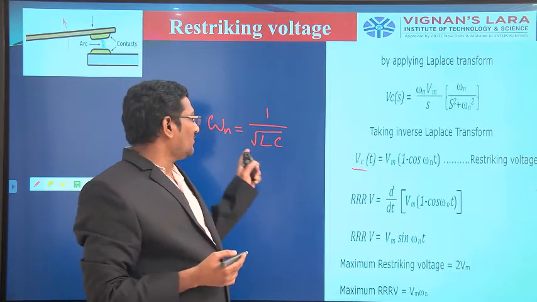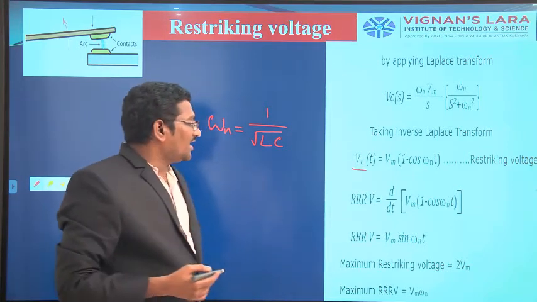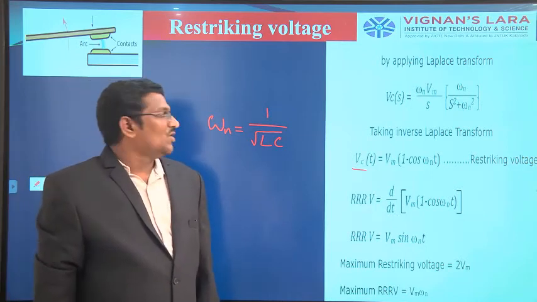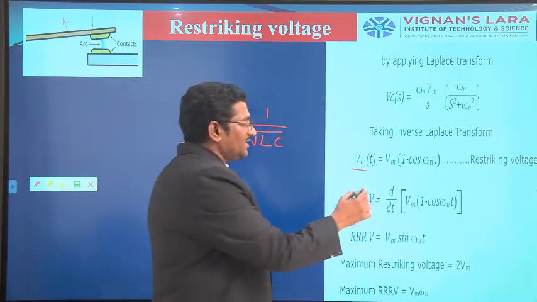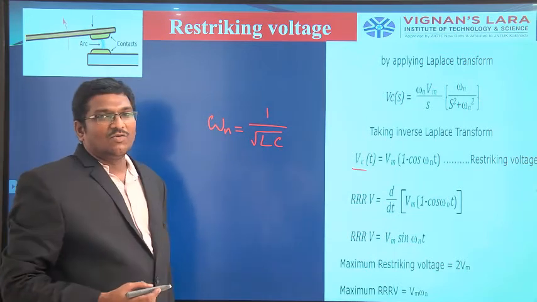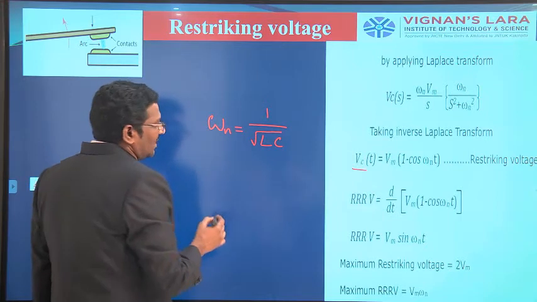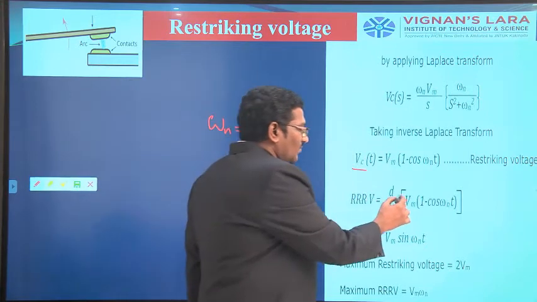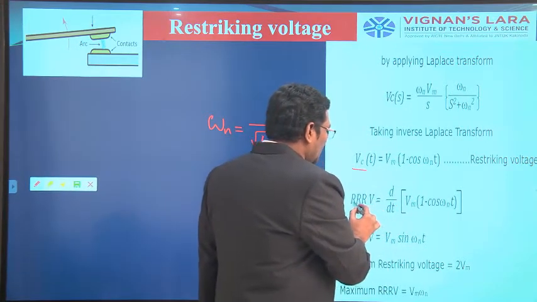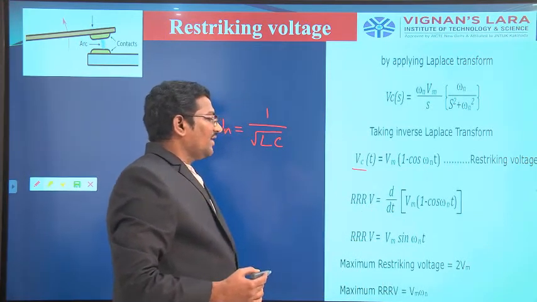Now let me calculate the rate of rise of restriking voltage. Once you have the restriking voltage in hand, you can calculate the rate of rise of restriking voltage, which is nothing but the derivative of the restriking voltage, denoted as RRV.